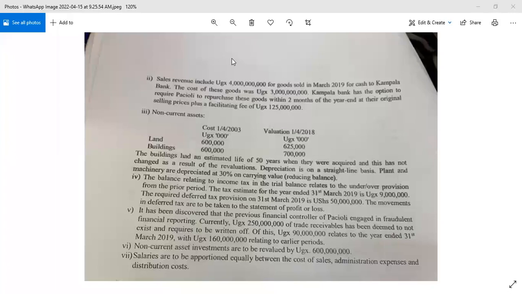So it's only taken to cost of sales if they have told you clearly. If the question says you allocate depreciation to cost of sales, then you have no choice. But where they're silent, they don't say anything, then it must go under admin. Patience, I hope we're together.